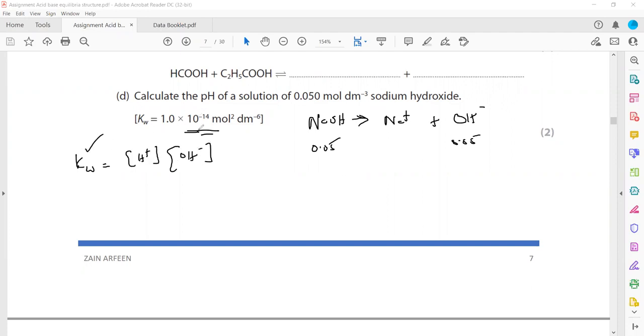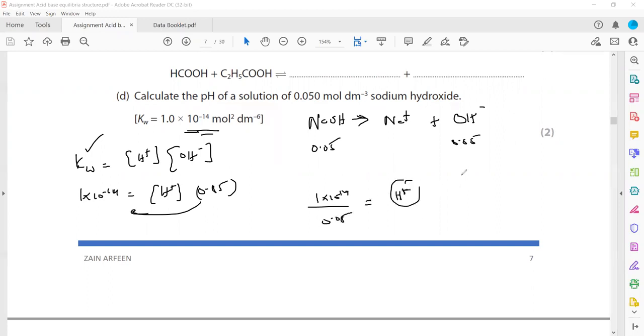So we have Kw, which is 1 into 10 power minus 14. We don't know the hydrogen ion concentration, but we have OH-, which is 0.05. So 1 into 10 power minus 14 divided by 0.05 will give us the concentration of hydrogen ion. From the concentration of the hydrogen ion, we get the pH. The pH is equal to minus log of hydrogen ion, so we'll get the pH of this solution.